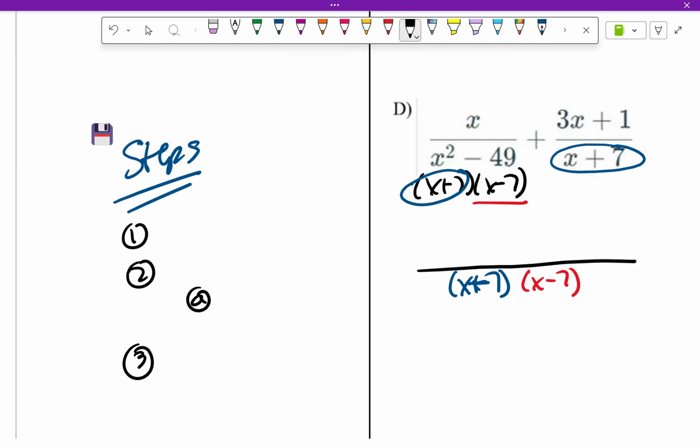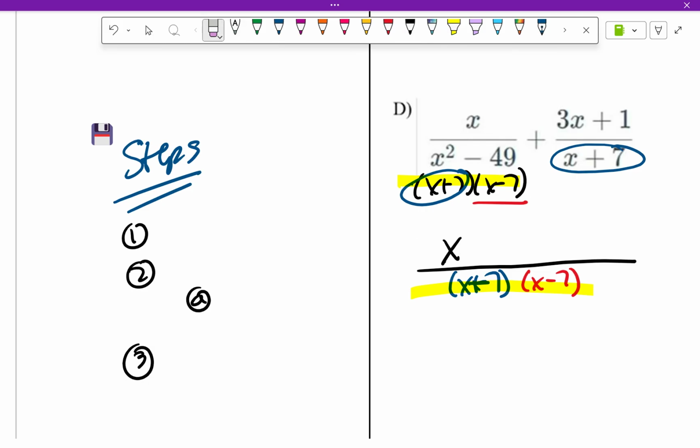So if I'm comparing this denominator to this denominator, what's missing? Look at what I highlighted in yellow. Are they different? No. So do I need to multiply by anything? No, I already have the least common denominator. All I'm doing is writing down the x.